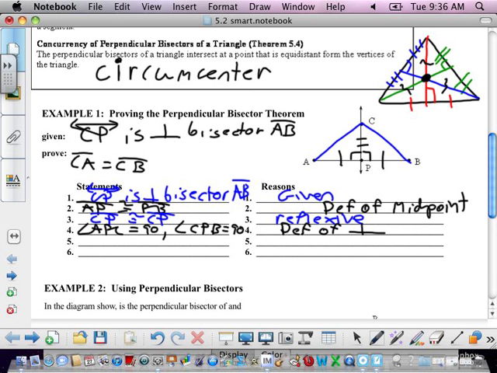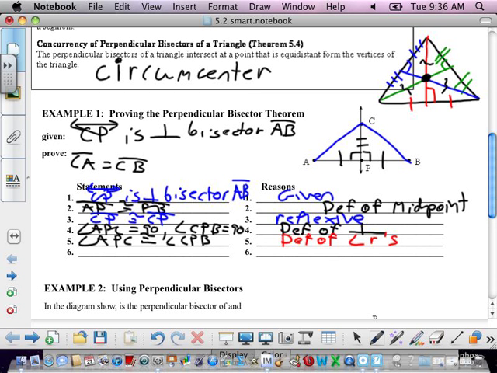And now we can say they're congruent to each other, right? Angle APC is congruent to angle CPB by definition of right angles. Okay, so now, how are those triangles congruent to each other?